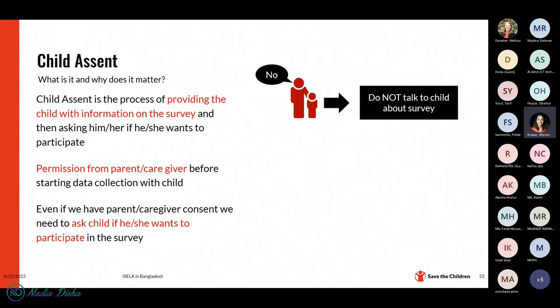So child assent is the process of providing the information to the child about what the survey is, what data we're collecting, and asking them if they want to participate. We should receive permission from the parent or caregiver prior to starting data collection.